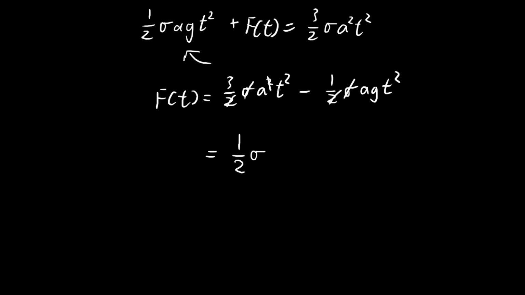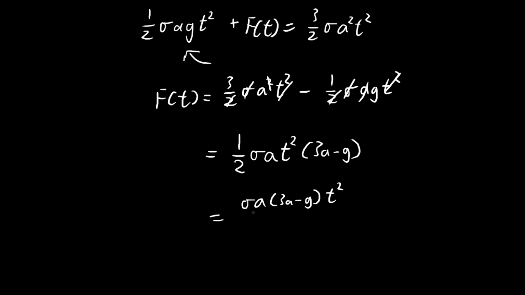And we can also take an a. And then we can also take the t squared. And then we're left with 3a minus g, so we can just factorize that. And so there we have it. This is our formula. Maybe a better way to write this would be F of t equals 1/2 sigma a t squared times (3a minus g), keeping the constants on the left.